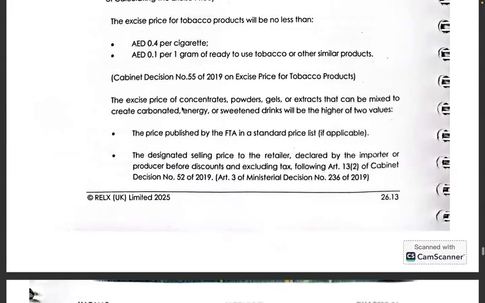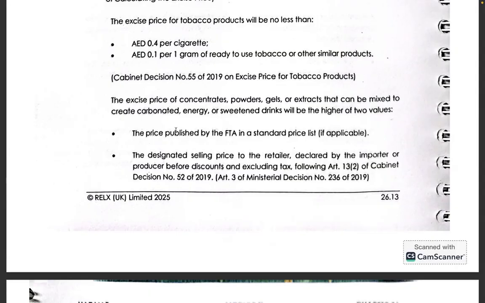The excise price of concentrates, powders, gels, or extracts that can be mixed to create carbonated energy or sweetened drinks will be the higher of two values. So now there are two different values.